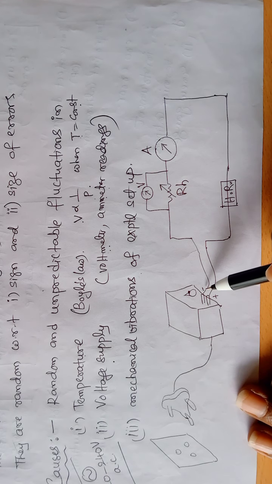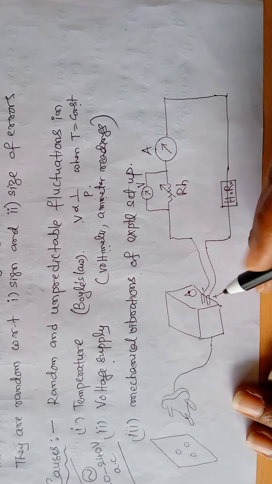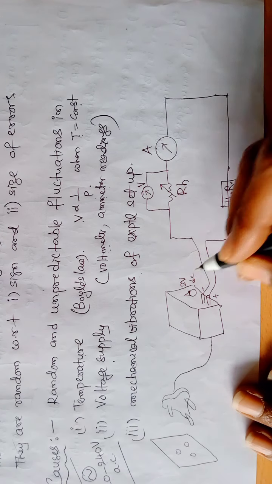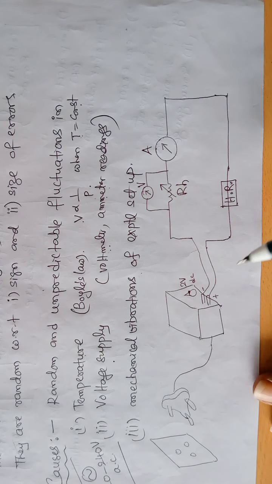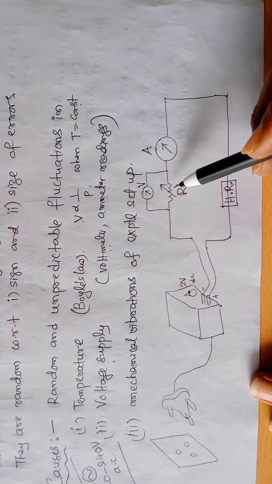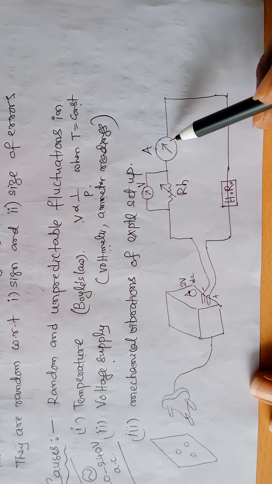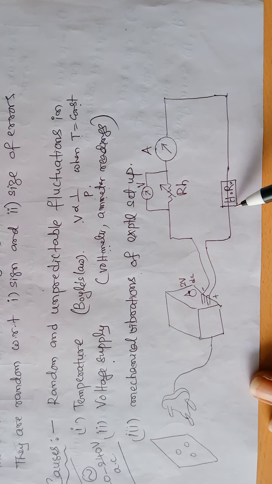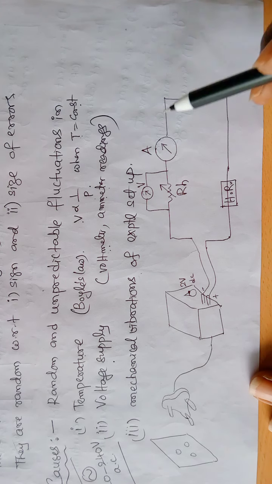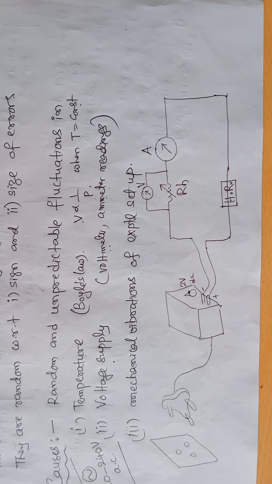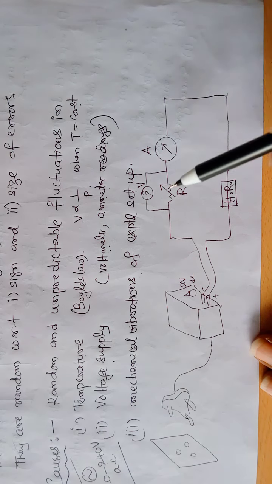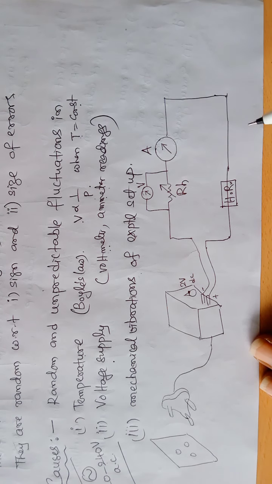And here you select the voltage. Suppose you have selected 2 volts DC. And this is connected to a rheostat and here an ammeter, here parallel to the rheostat a voltmeter, and here some resistance. These are connected like this. A circuit diagram is connected. Ammeter measures the current, voltmeter measures the voltage.